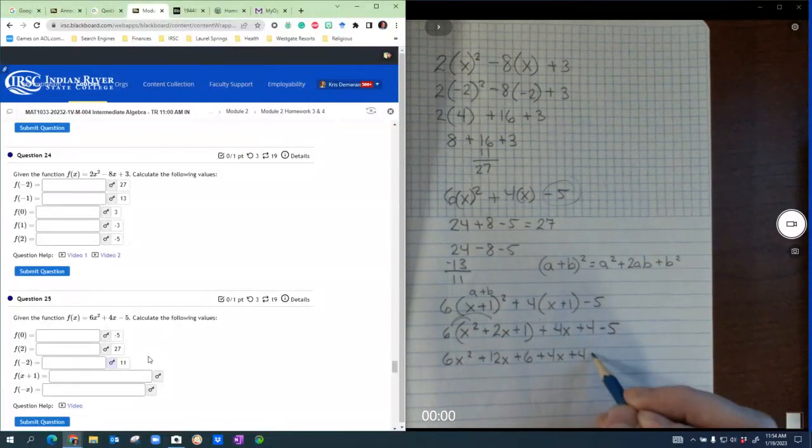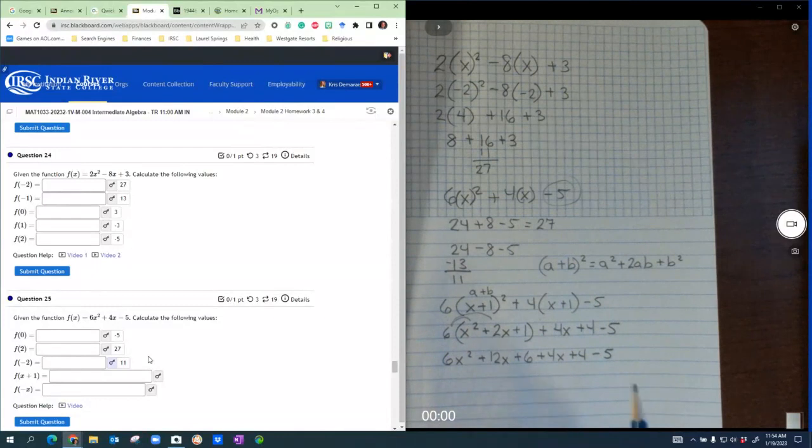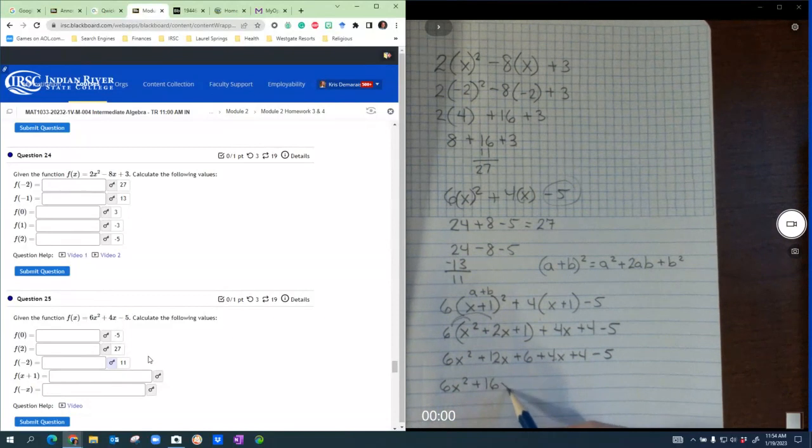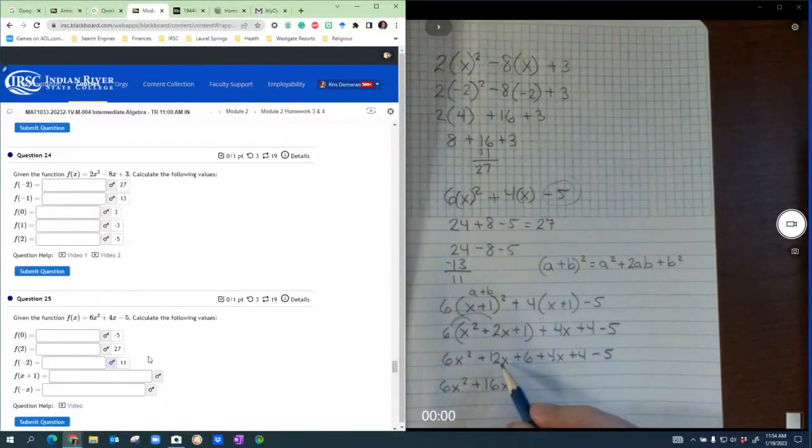Are you hating me yet? I know. You're probably thinking, heck yeah. All right, it's not me. I'm just the messenger. Now I'm going to bring these together because they have the same variable, x. So I have 6x squared, and then I have plus 16x, because 4 plus 12 is 16.